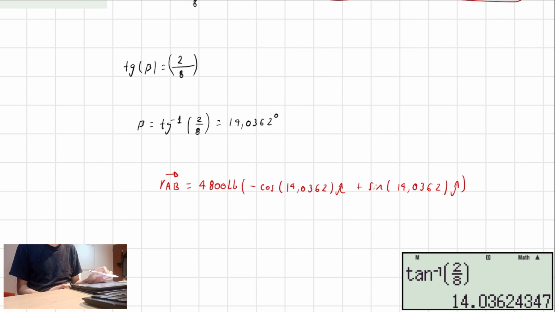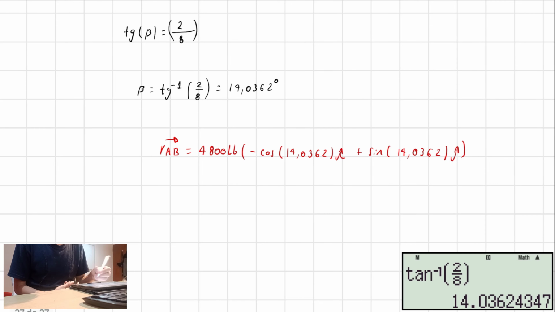Remember, when you multiply a scalar by a vector, it is like doing a distributive multiplication. So the first by the first and then the first by the second.